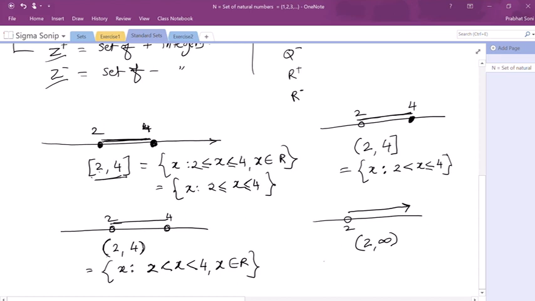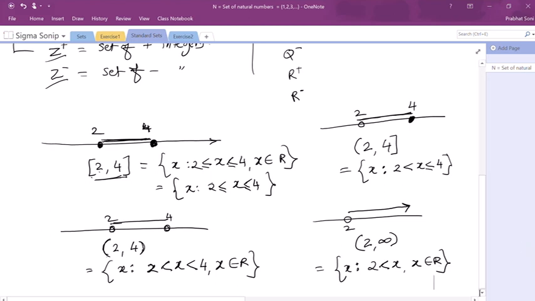So I use this, and in set-builder notation, I'll write it like this. I just need to say that x is greater than 2, and that x is a member of R.